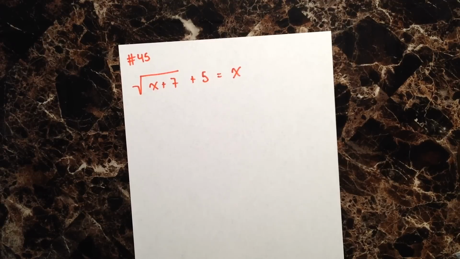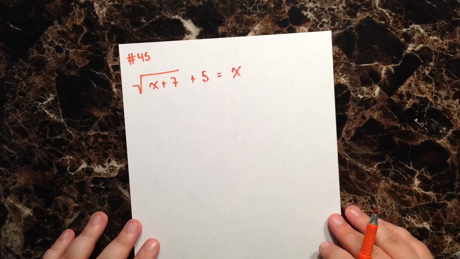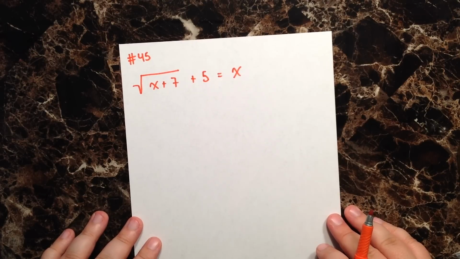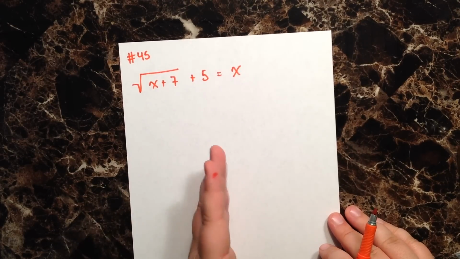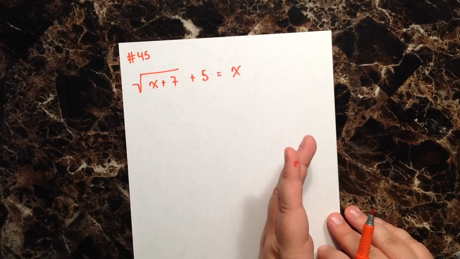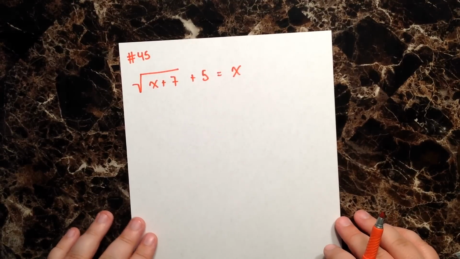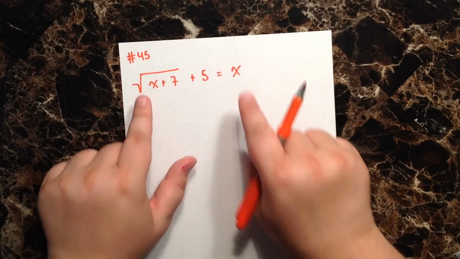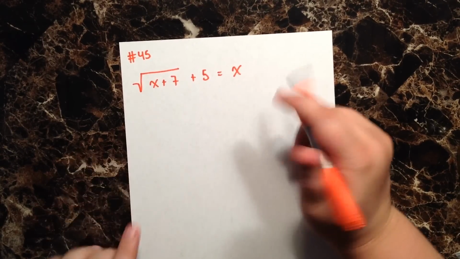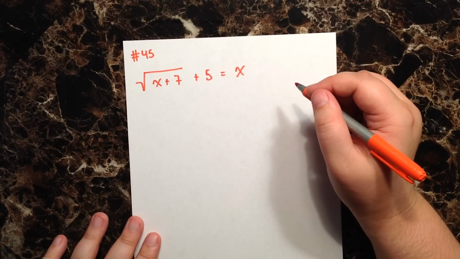If I'm solving the equation, I want the variable on one side, then an equal sign, and then everything else, hopefully a number of some sort. But right now I have my variable on both sides of the equation, so I can't have that.